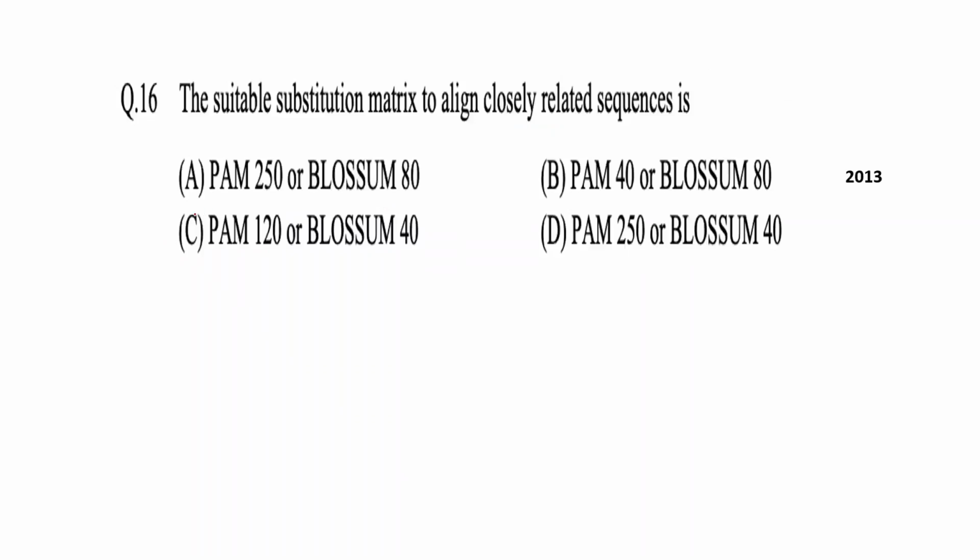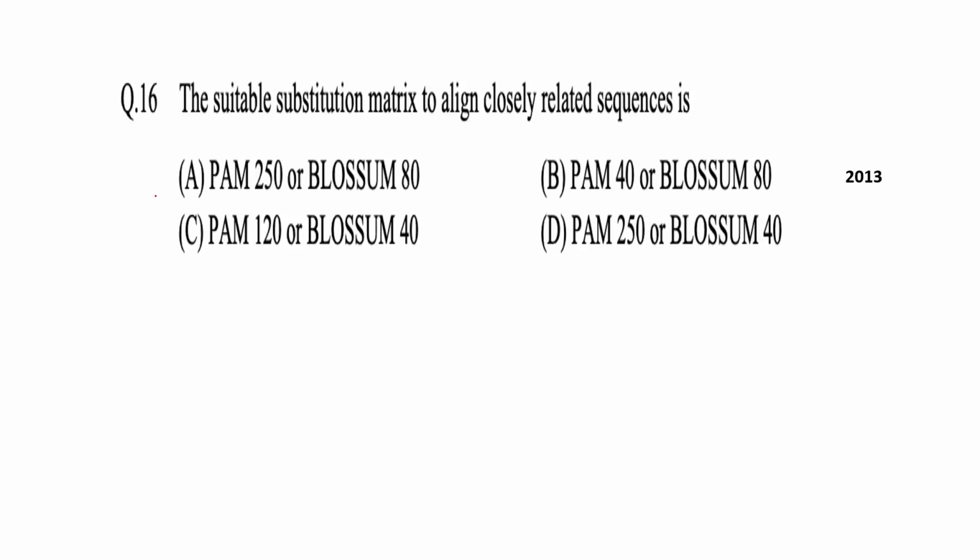Then moving to the next question: the suitable substitution matrix to align closely related sequences is. As I told you, you can use either PAM or BLOSUM, but you have to check the value. In case of PAM, you use the lower value for more similar sequences, and in case of BLOSUM, you take the higher value.